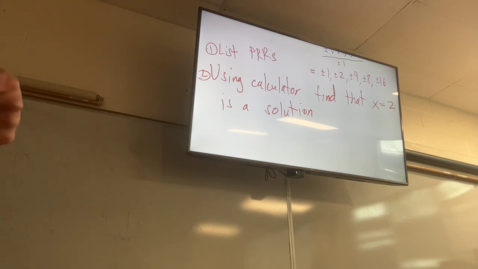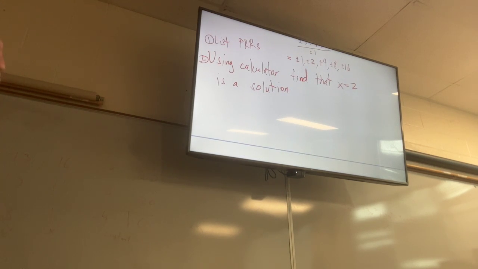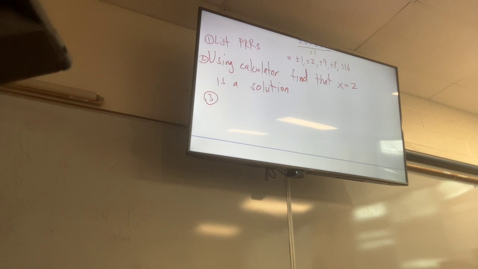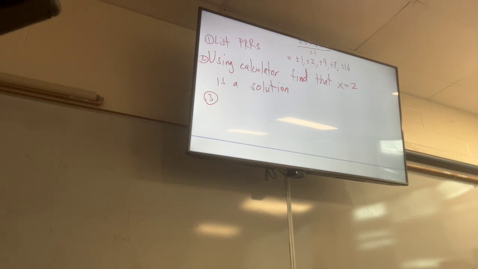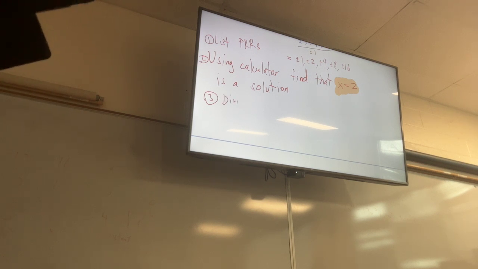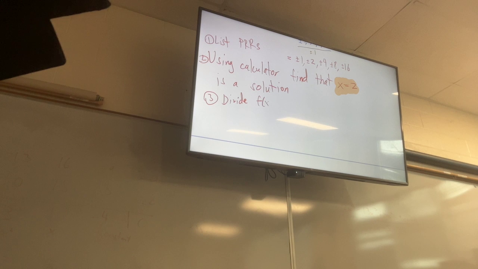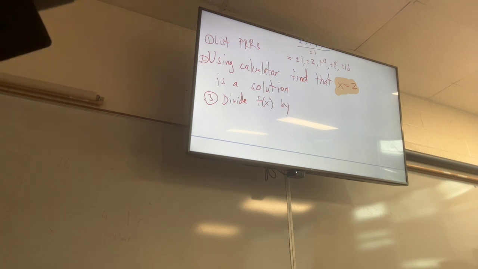All right. So then what we're going to do, the third step, is, I'm going to take this, I'm going to highlight this in orange, okay? That's going to be one of my answers. The third step is divide your f of x by the solution we found with our calculator.